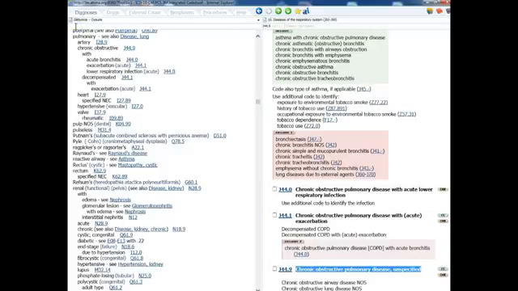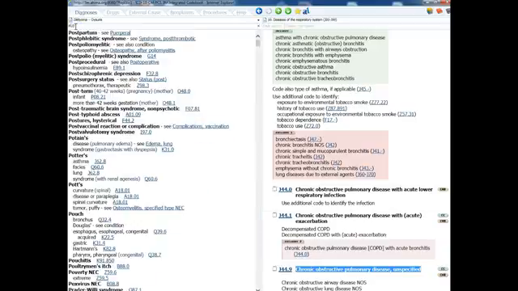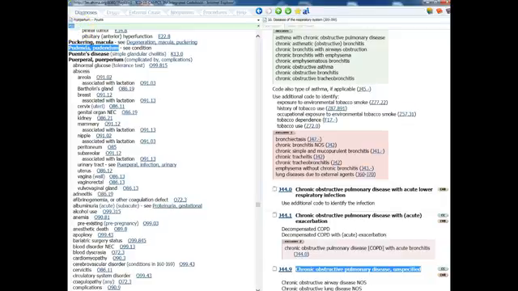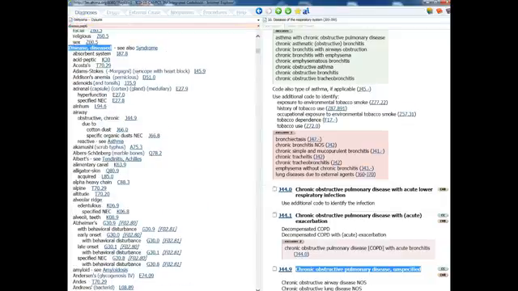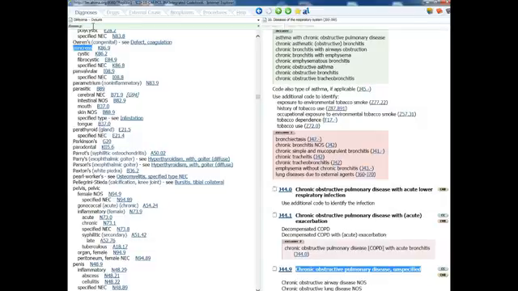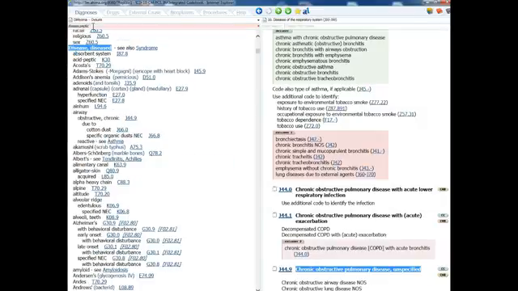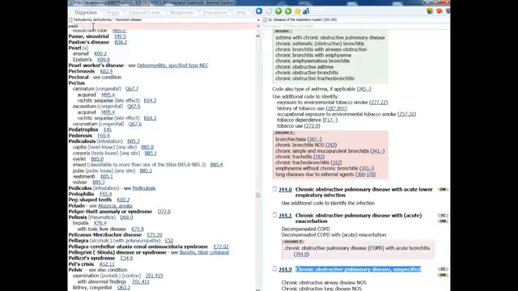So peptic ulcer disease is often abbreviated as PUD, and we don't have that. So we're going to do disease, and then ulcer. Well, not either one of those.